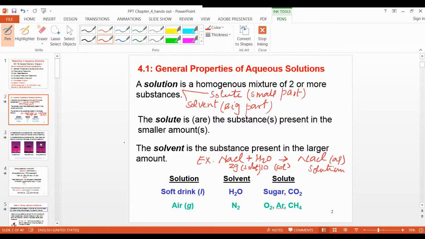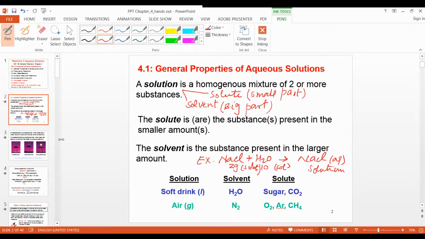Some more examples: soft drink, that is a solution. You always drink Coca-Cola, Campa, Pepsi, Sprite. These all are soft drinks and these are solutions. Solution of what? It has carbon dioxide, it has sugar, right? And it has water. You see the water level is very high. In a 200 ml can, this is around 200 ml, full of water.